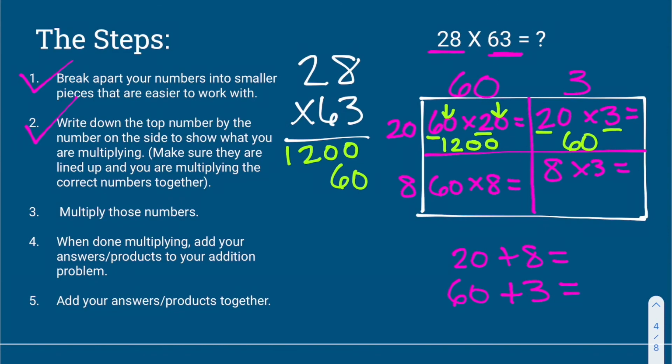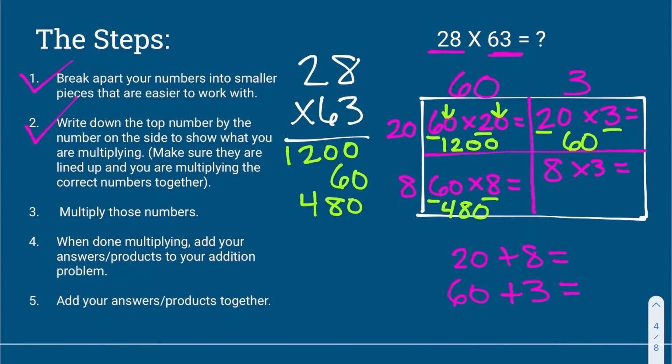Okay, go down and do 60 times 8. I'll give you a moment to figure that one out. Okay, did you say 6 times 8 is 48? And then you have 1 0 to add? If so, you're right. The answer would be 480.